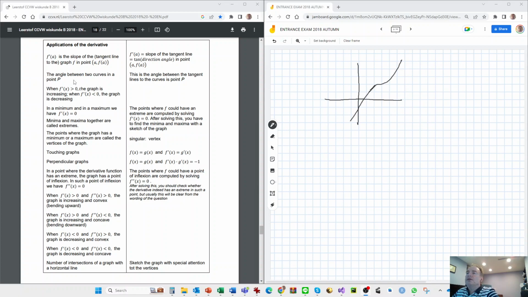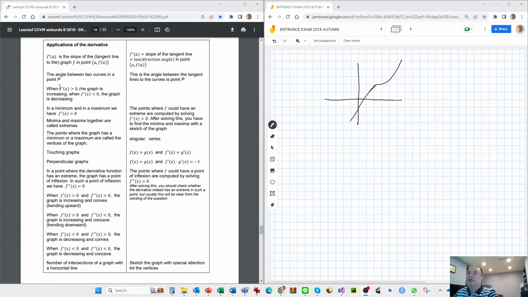So the angle between two curves in a point P can be found by finding the angles of the tangents in this point P. So for both curves just calculate the derivative and find what the slopes are.